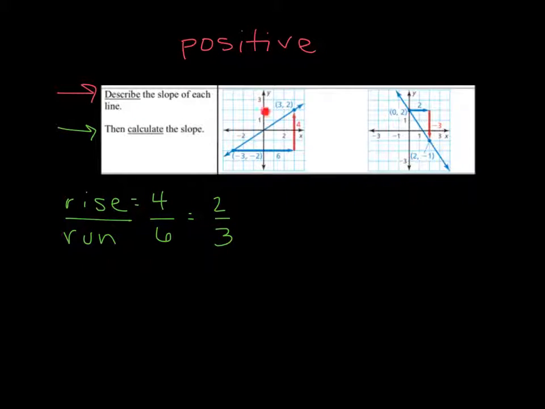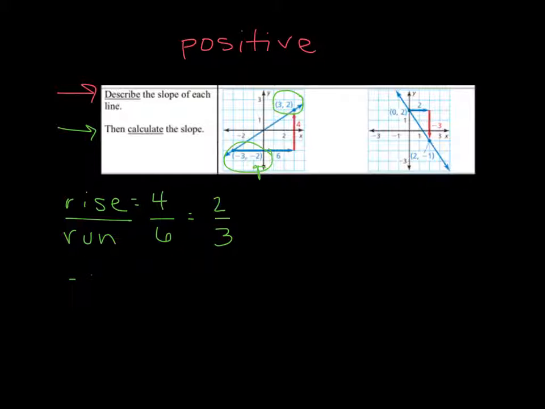Now notice they also labeled these 2 points. So I could also use my slope formula. So if I'm going to use this point as my x1, y1, and this point as my x2, y2. So if I do y2, so that would be -2.